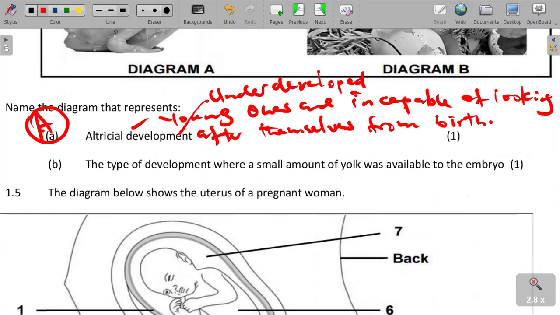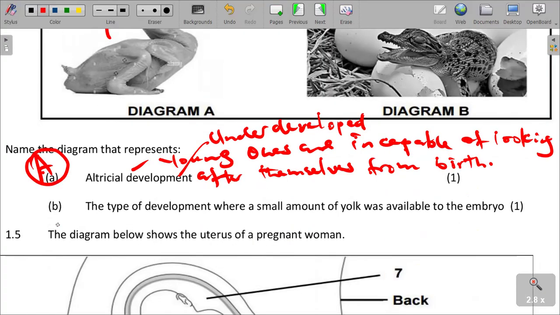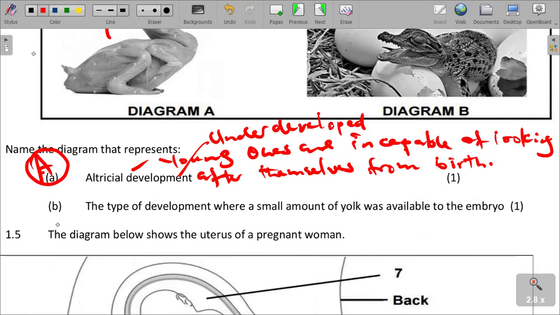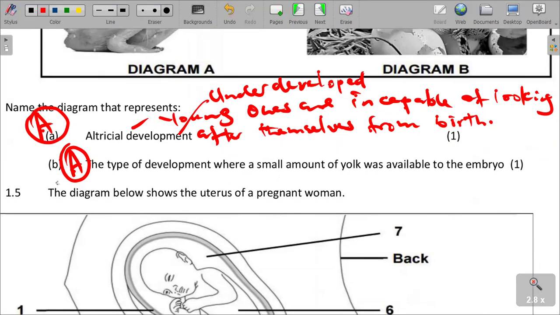We are saying that the underdevelopment that we are attributing to artificial development is subject to the size of the yolk, which is also there, that the young one cannot be fully developed because the feeding mechanism which is coming from the yolk is not enough, is inadequate. So we say that A again is the one which is causing or which shows a small yolk which results in an underdeveloped young one that is hatching before it can be able to look after itself.